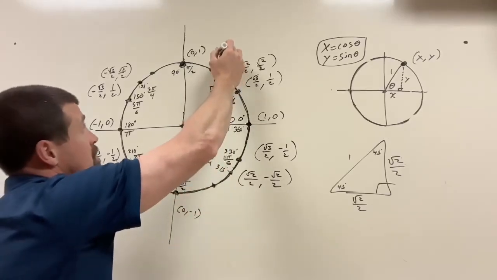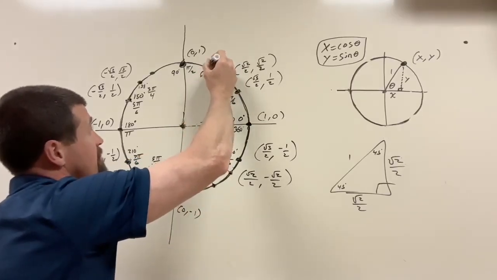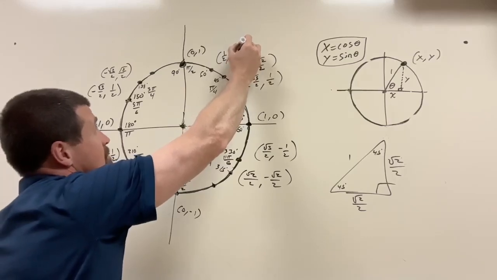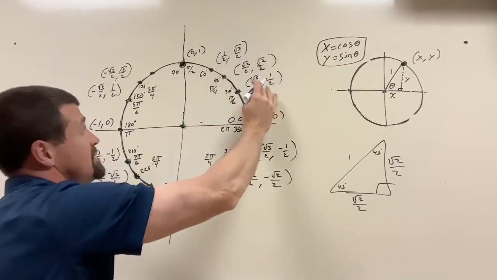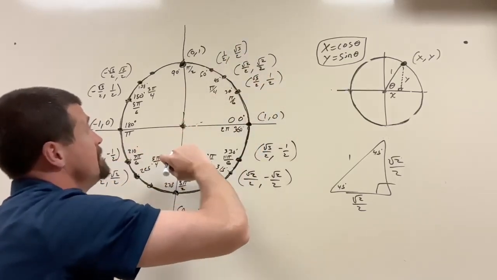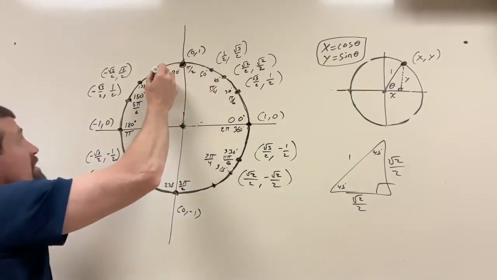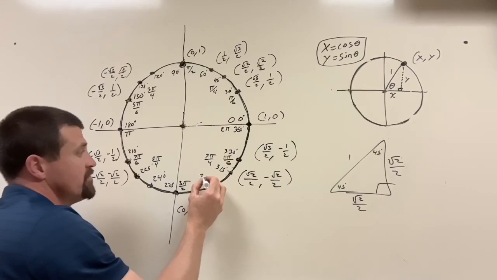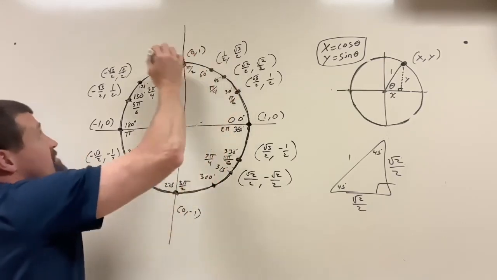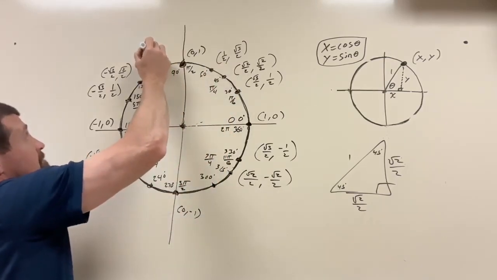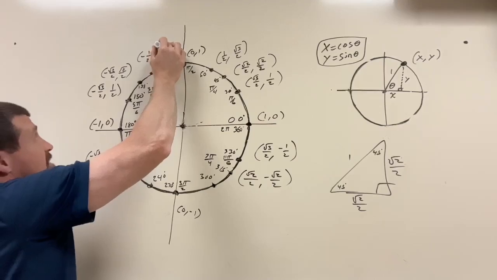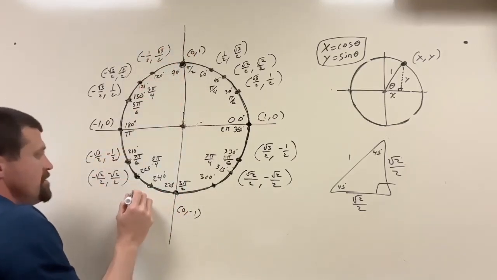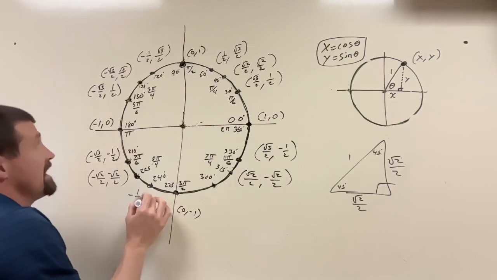Where the x-coordinate, if I'm at 60 degrees here, the x-coordinate's going to be a half, and the y-coordinate's going to be square root of 3 over 2. So just like this one, except the other way around. All right, so this 120 degrees, this one's going to be 240, and this one's 300, but they all have the same coordinates, except in the second quadrant, x is negative. Third quadrant, both are negative.